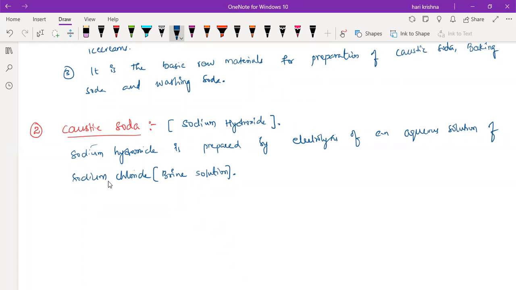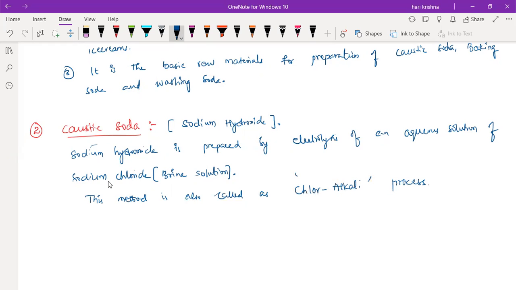If you have finished this method, you can see one electrolysis bath in the textbook. It will be clear in that. I will show you that also. This method is also called the chlor-alkali process.